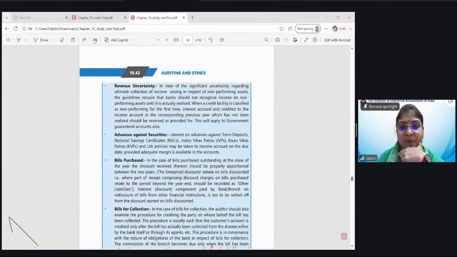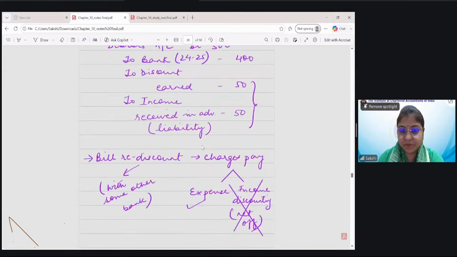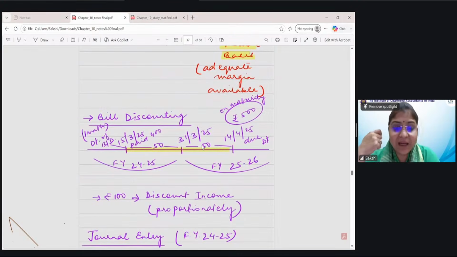Achal has not understood bill discounting. Okay. Achal, look here. I said I go to the bank on 15th March to discount a bill, the maturity of which is on 14th April, meaning a 1 month bill. I'm discounting it prior. So the amount I had to get on 14th April was 500. But today the bank is paying me 400.